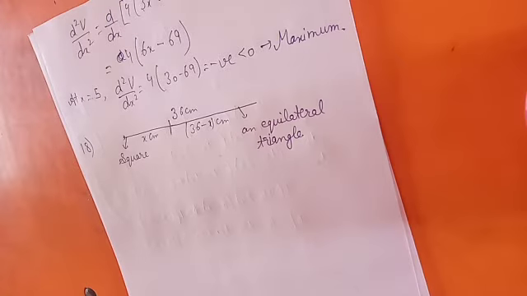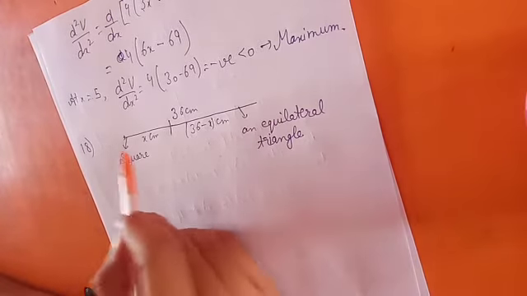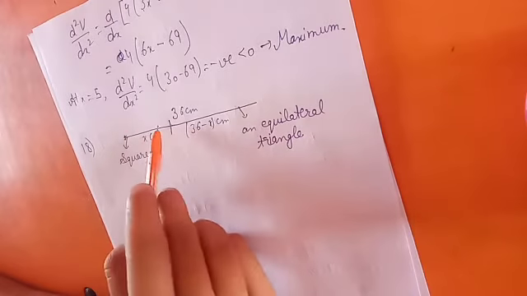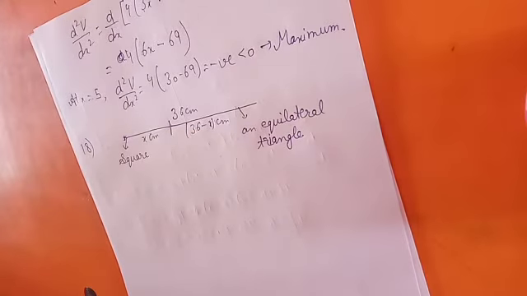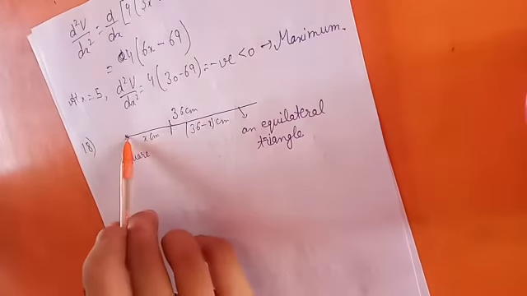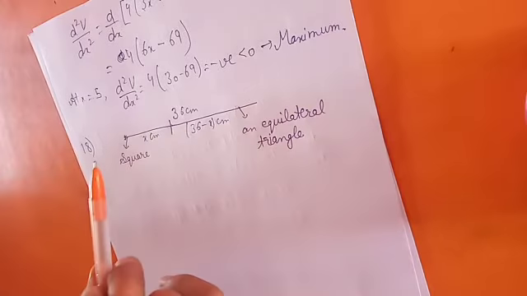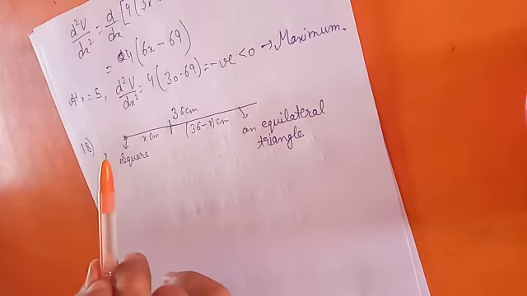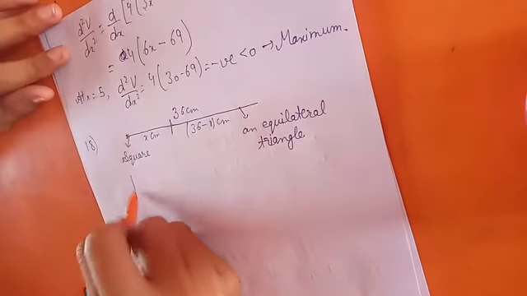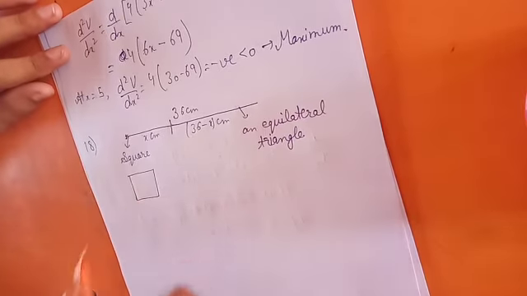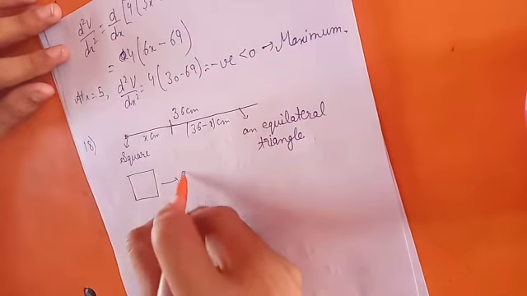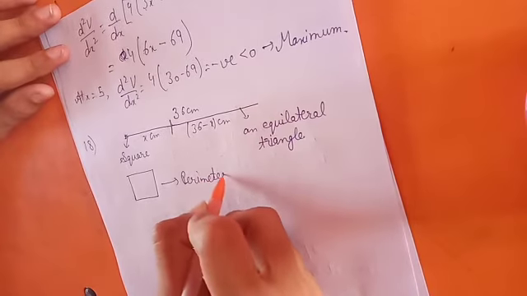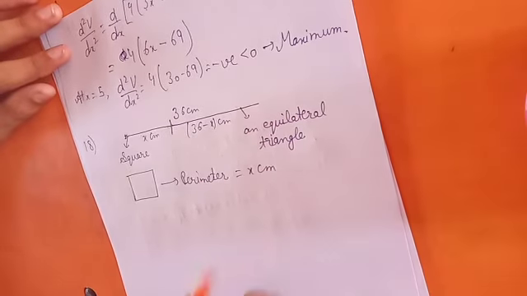Now look, if we are going to make a square by x centimeter length, that means the perimeter of the square will be equal to x centimeters. I am repeating that if we make our square with this x centimeter length, then the perimeter of this square will be equal to x centimeters.